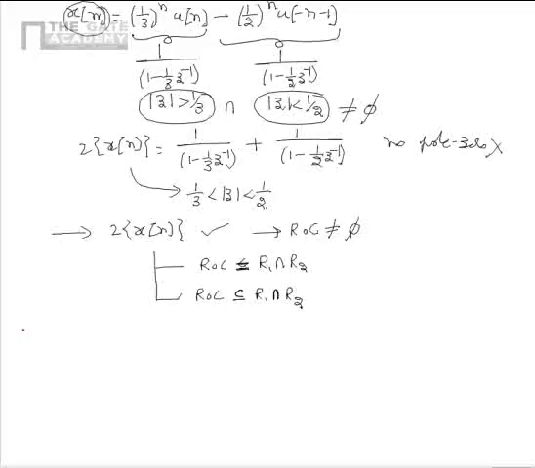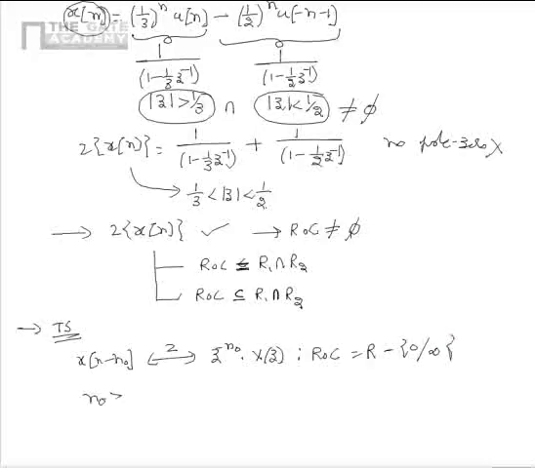Now let us consider another property of the Z transform, which is time shifting, as per which if x of n minus n naught is a delayed or advanced version of x of n, the Z transform of x of n minus n naught is given as z power minus n naught X of z, and the ROC of z power minus n naught X of z would be R minus 0 or infinity.